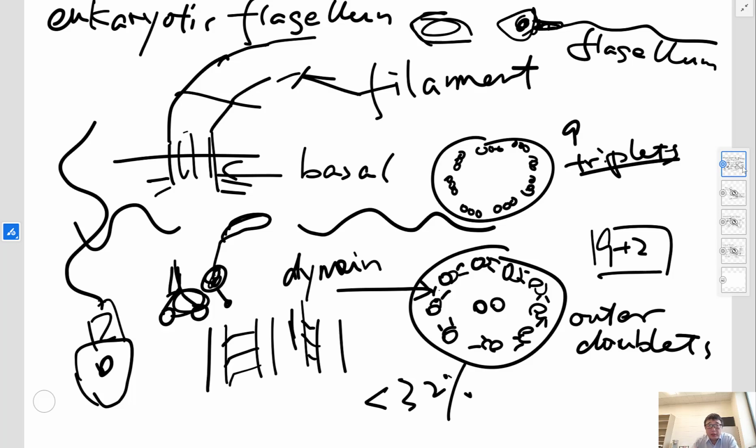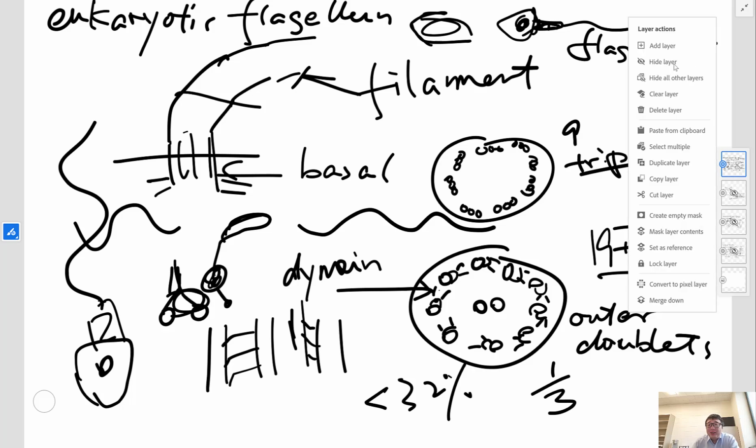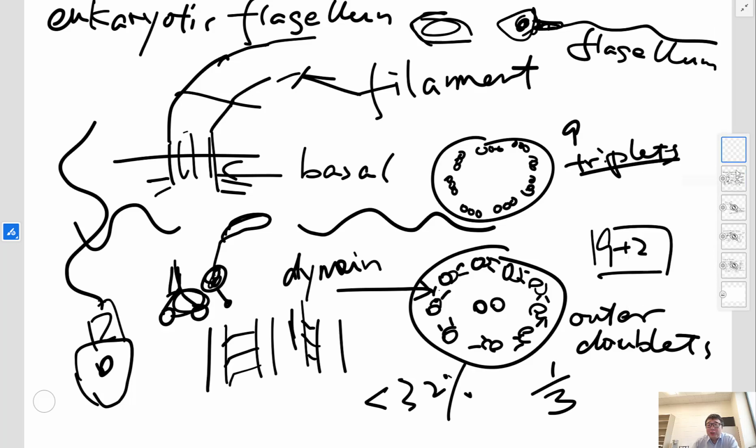If less than, let's say, one third of the sperm cannot swim straight forward, then it will be difficult for this man to have a baby. Yeah, and so this is the flagellum.